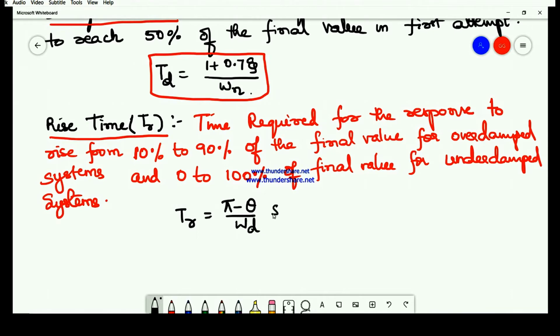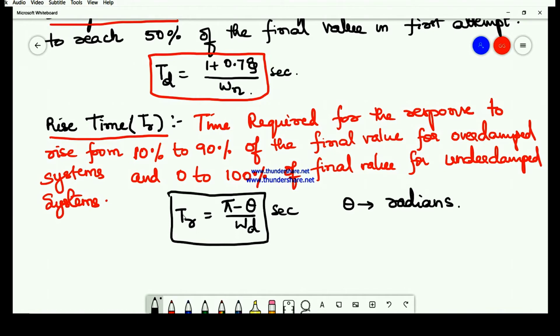We measure all the time in seconds, where theta is calculated in radians. I hope you got what the rise time is, whatever the definition that we have written.